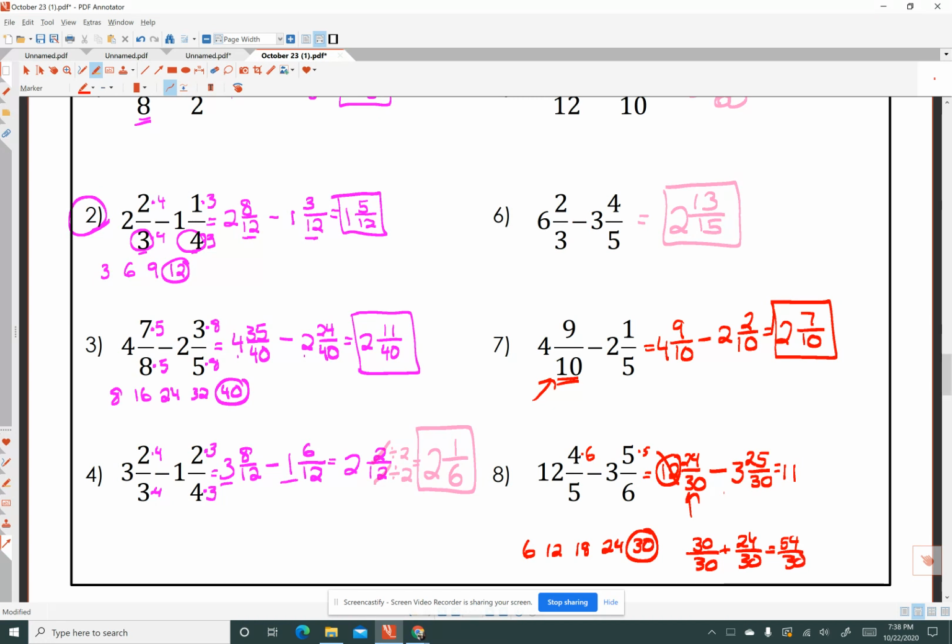So the first fraction will be 11 and 54 30ths minus 3 and 25 30ths, which will equal 11 take away 3 is 8, and 54 minus 25 is 29. 8 and 29 30ths, that's a final answer.